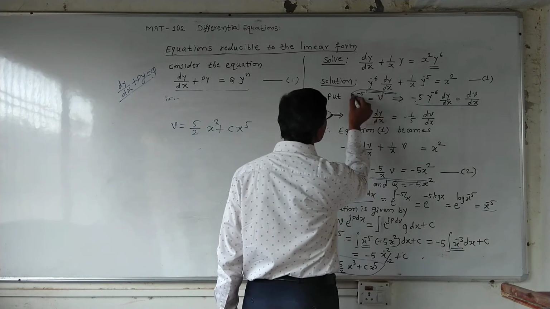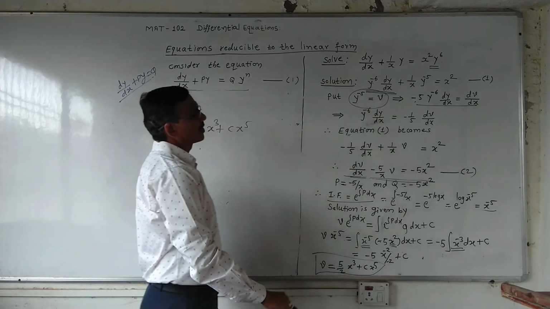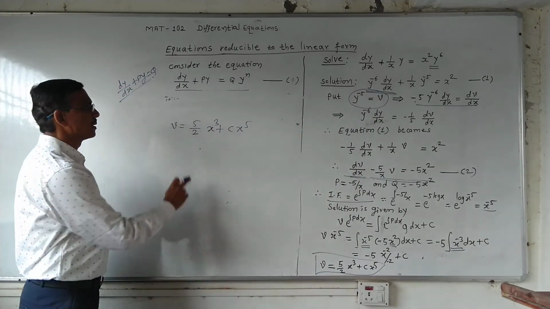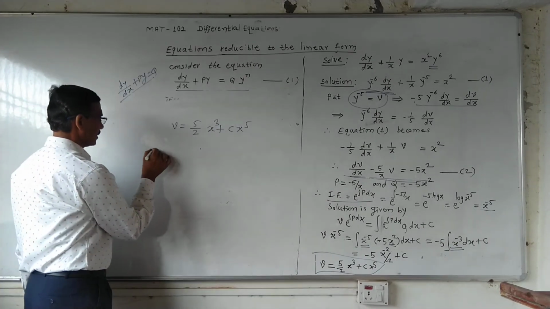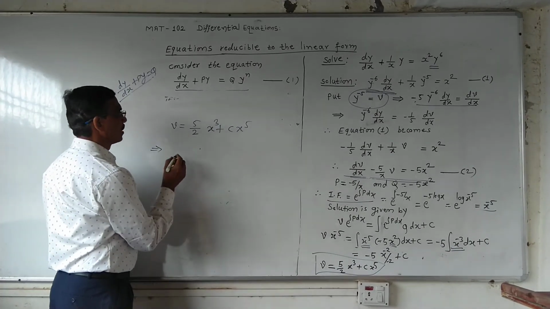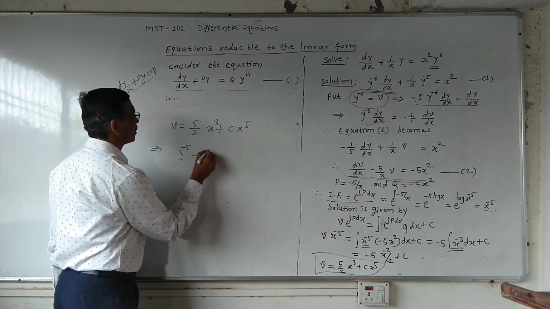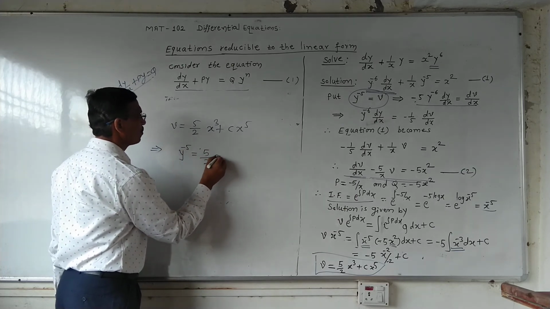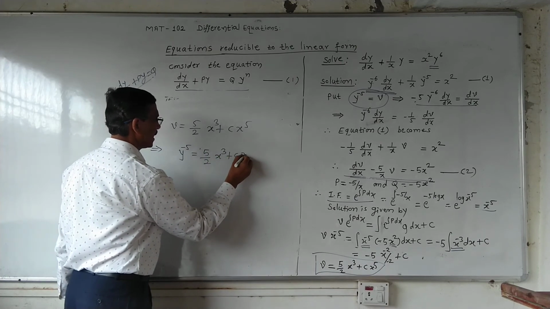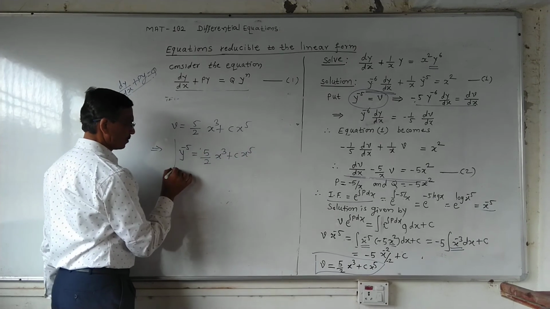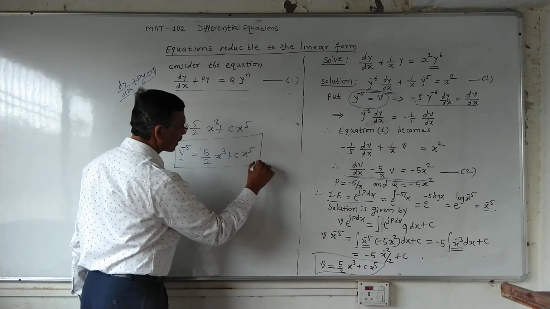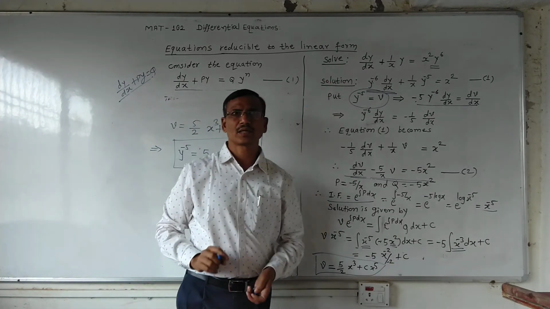We have substituted y raised to minus 5 is equal to v. Put the value of v. This implies y raised to minus 5 is equal to 5 by 2 x cube plus c x raised to 5. Now this is the solution of the given Bernoulli's equation.